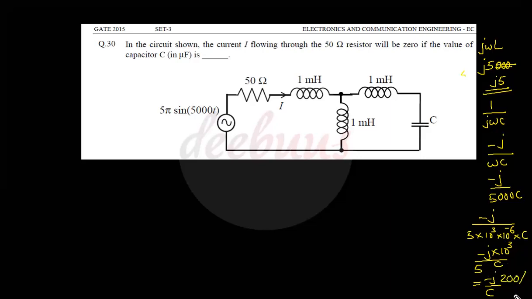So minus j200 by C is the effective impedance of the capacitor.